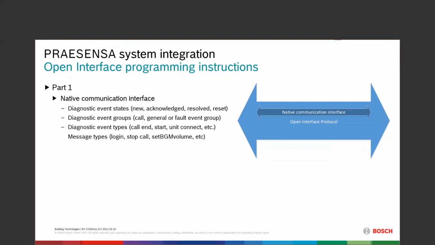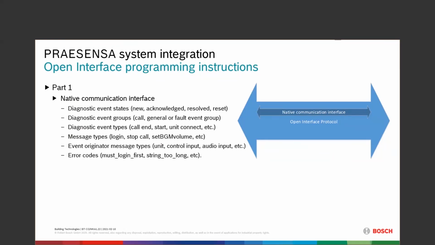Then you have message types: login, stop call, set BGM volume, etc. And then you have event originator message types, which are the unit, the control input, the audio input, etc.